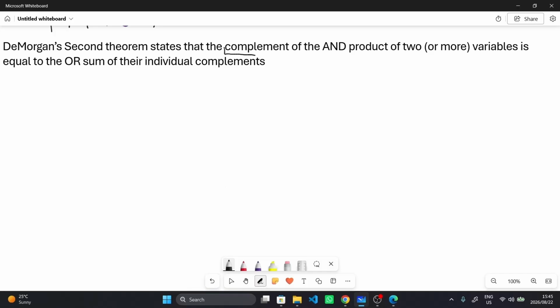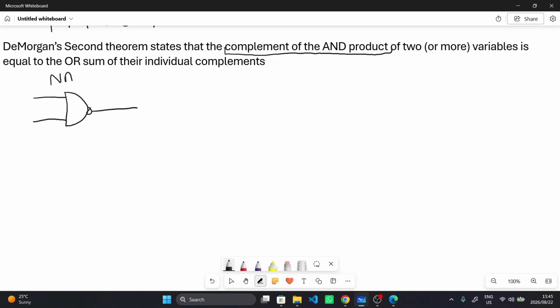So if we check this statement here, complement of the and product, so that's the AND gate. So we'll have our AND gate somewhere here, right? And then we also have a complement, so that means this is going to be a NAND gate, right?